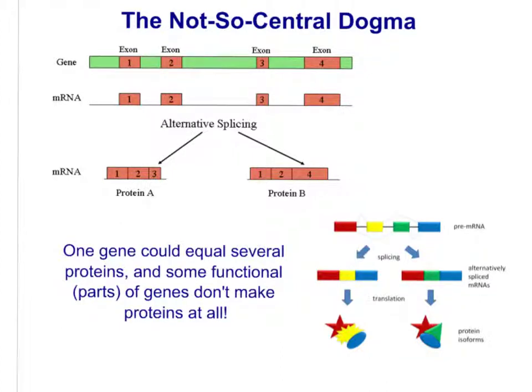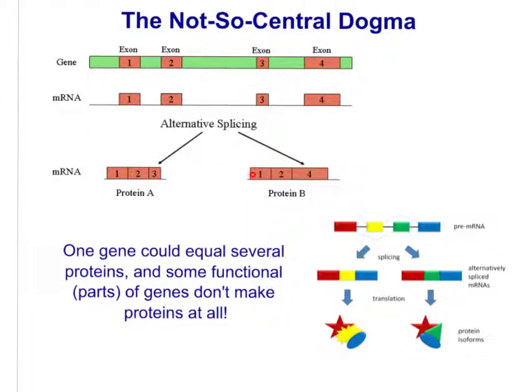So the not so central dogma, one thing that can happen, remember when we talked about introns and exons, we can actually have alternative splicing where maybe this gene, if it's spliced in a certain way, will produce this protein. Or if it's spliced in a different way, it can produce this alternative protein, protein B. We can have that happen. One gene could actually produce several different proteins.